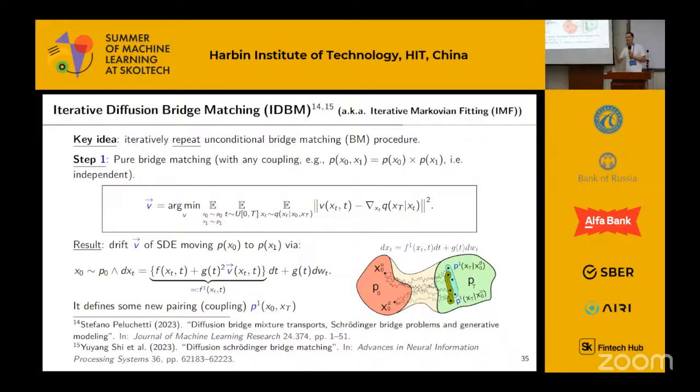Then, as a result of our model training, what do we obtain? We obtain a stochastic differential equation, which represents a forward Markovian projection. This stochastic differential equation allows us to take an input point and generate points in the second domain which correspond to this input point according to the equation.